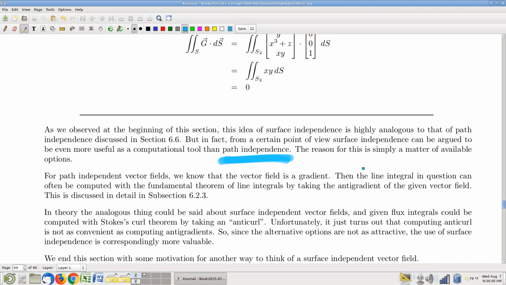Well, only if the vector field is path independent, which would mean that its curl is zero, which would mean that it's a gradient of something. And here's the thing. If it's a gradient of something, we already have a great tool. If you have a vector field that is a gradient of something, most of the time, as a computational tool, when it comes down to plugging and chugging, compute the anti-gradient and plug in, right?